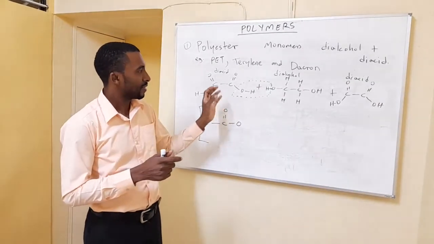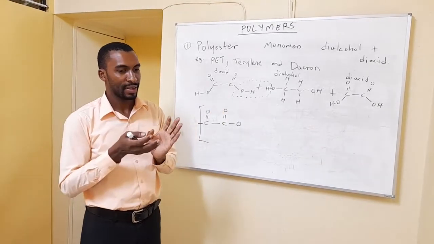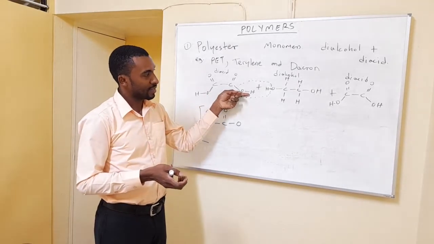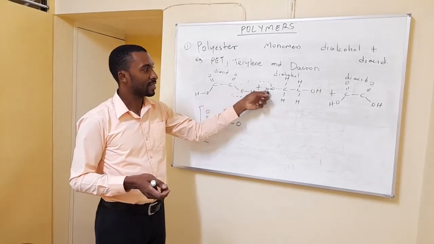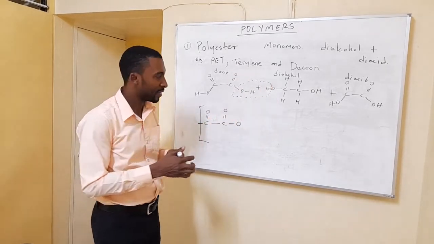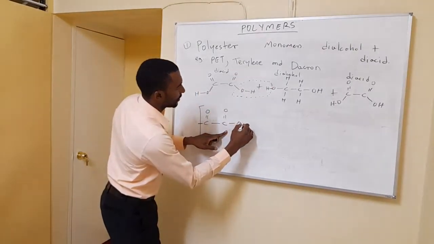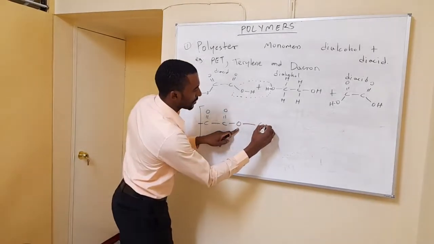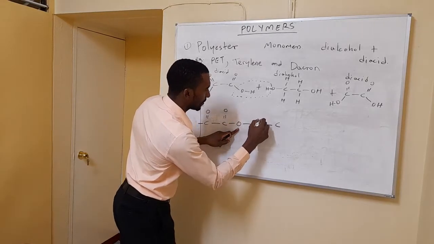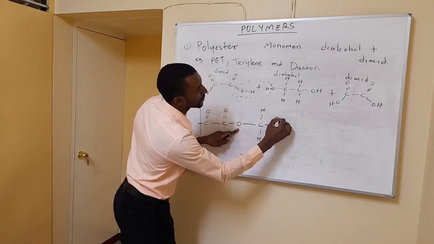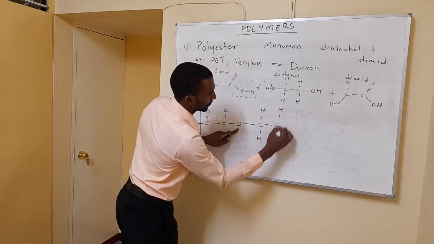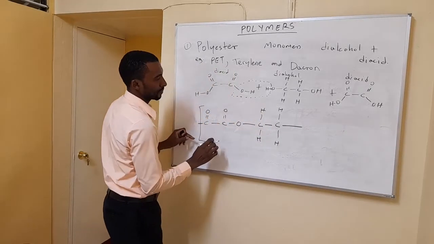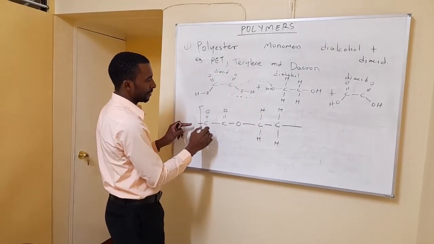But reviewing the reaction of the alcohol and the acid to form an ester, the OH is coming from the acid, the hydrogen is coming from the alcohol component. Okay? So this O here would be from the alcohol, C, that's an H there, H, right?